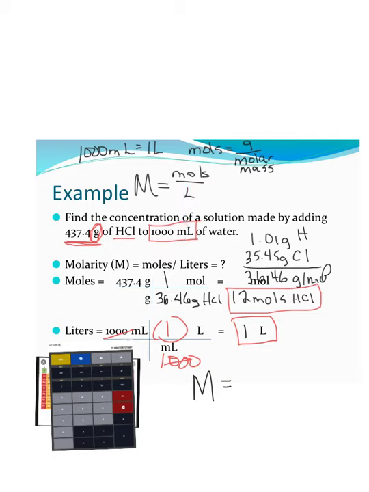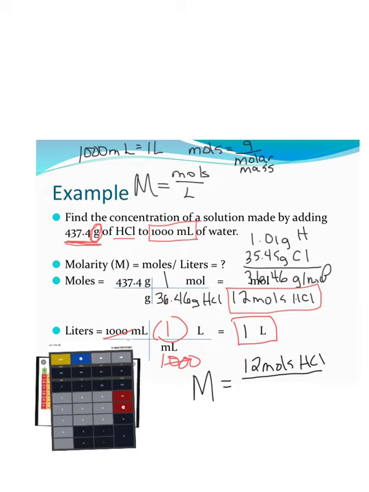We have 12 moles of hydrochloric acid divided by, we calculated our volume, which needs to be in liters, to be 1 liter.